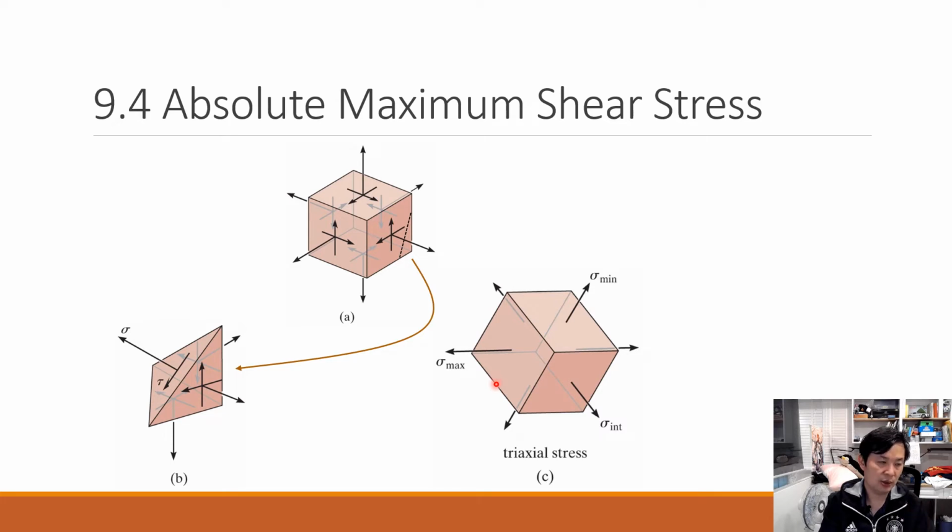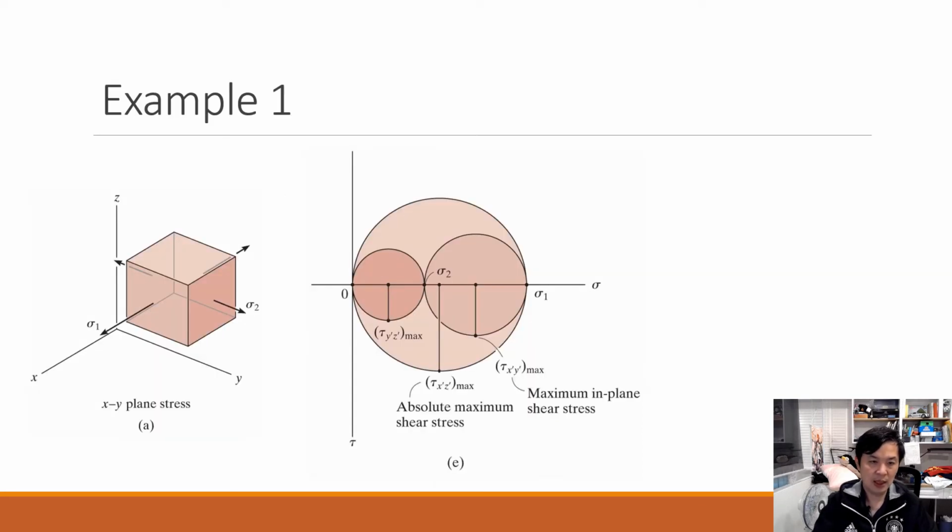At this stage, it's probably quite difficult to learn this in your engineering mathematics. So in order to avoid this problem, we need to lower the difficulty and find another way to search for our absolute maximum shear stress. Here's the condition we can solve. This is called example 1.